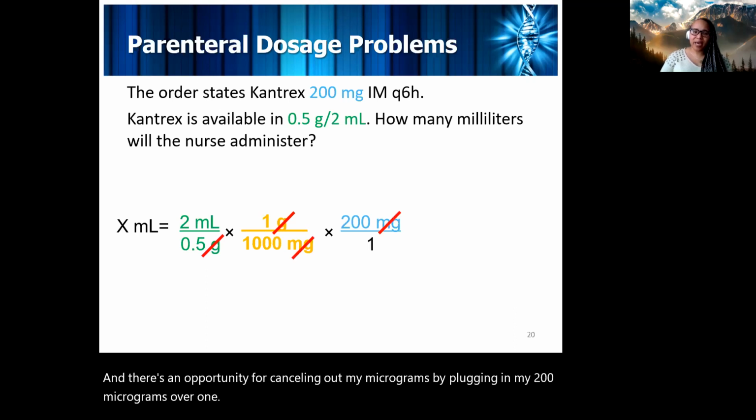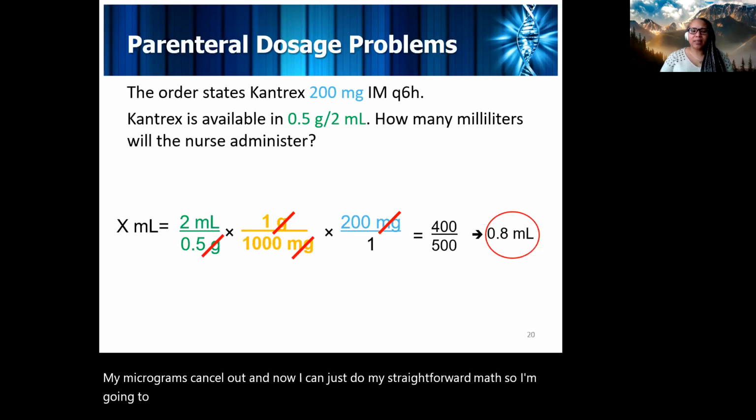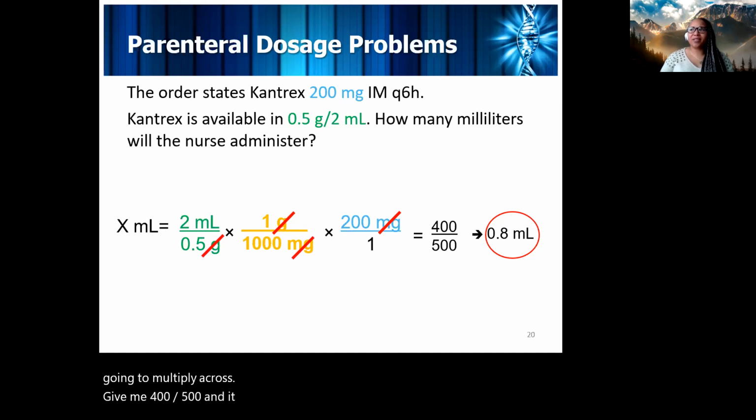My micrograms cancel out, and now I can just do my straightforward math. I multiply across, which gives me 400 over 500, and it leads to my answer of 0.8 milliliters.